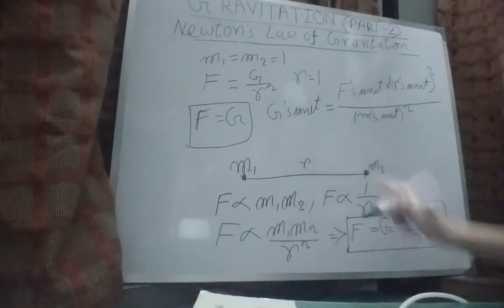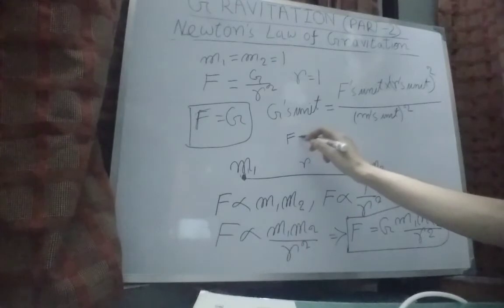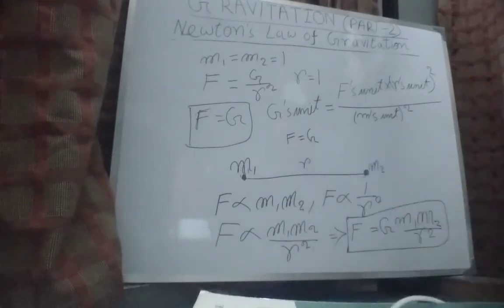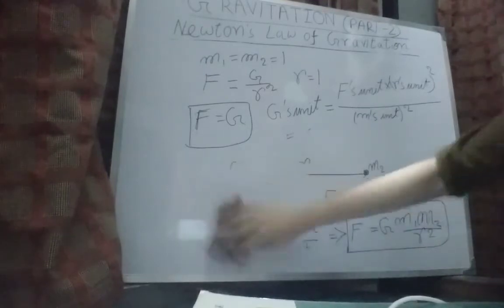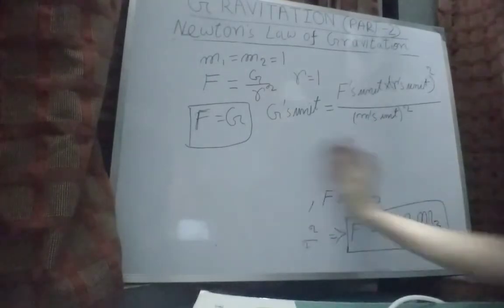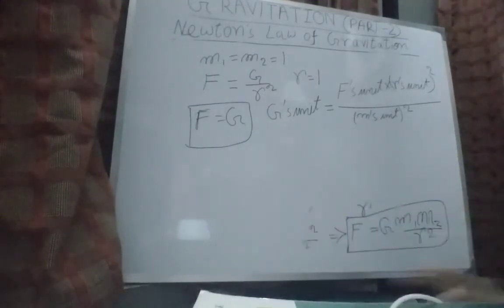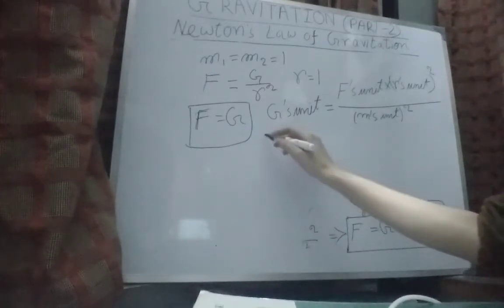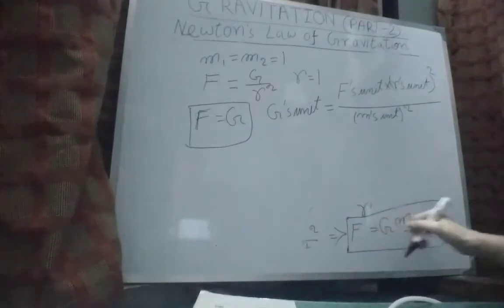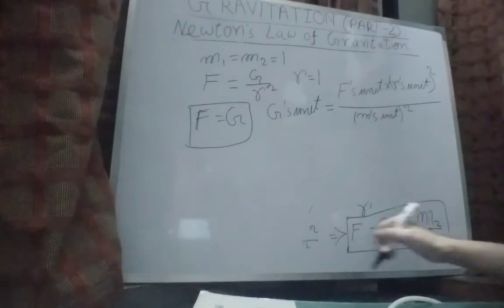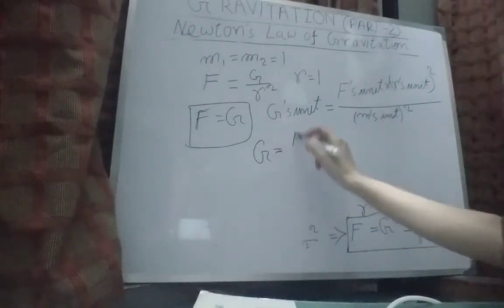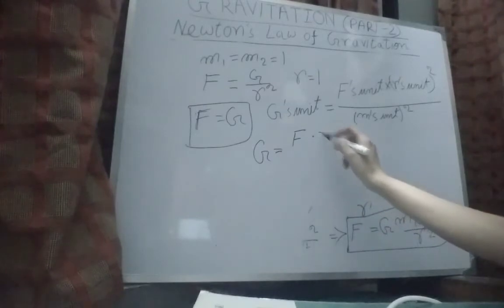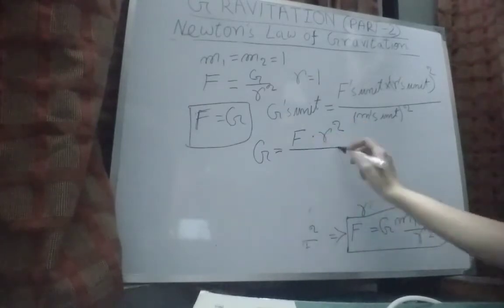How do we get this? Because F equals G into m1 m2 by r square, so G equals F into r square by m1 m2.